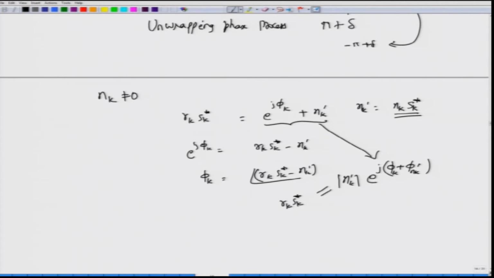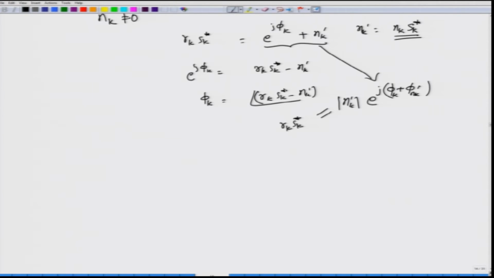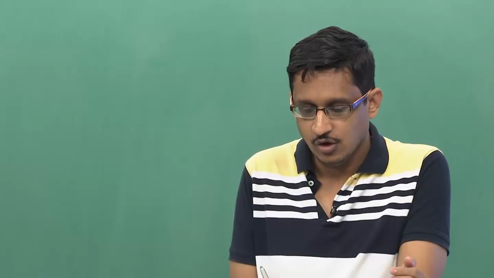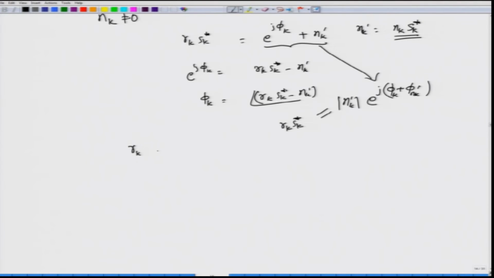The second thing is that it is possible to show that these Nk primes are still going to be zero mean processes. And instead of dealing with only one sample value Rk, you deal with m sample values: Rk, Rk minus 1, all the way going back to Rk minus m plus 1.